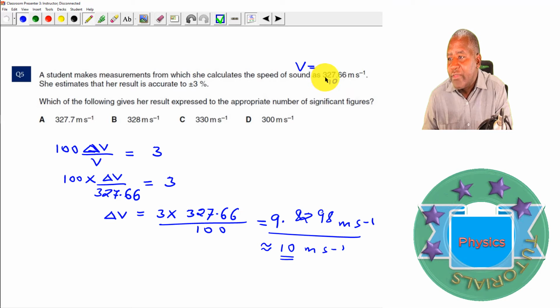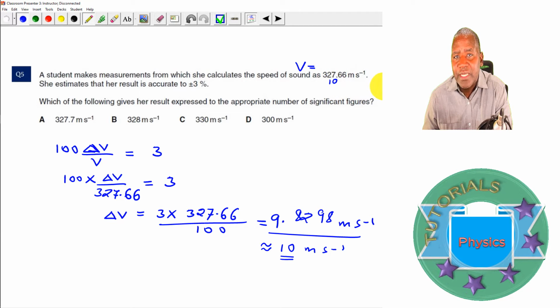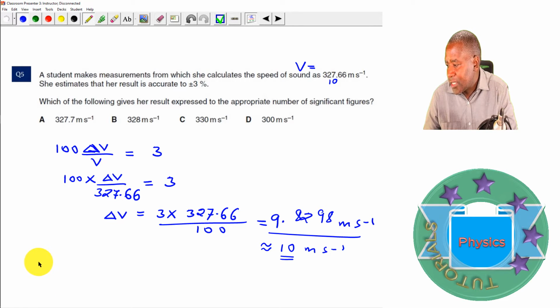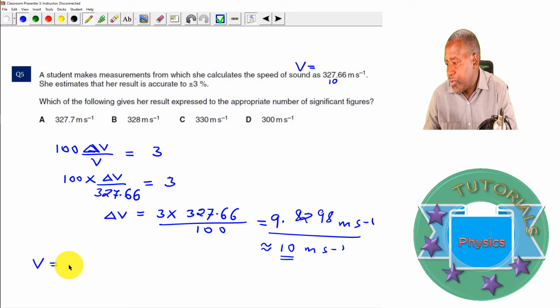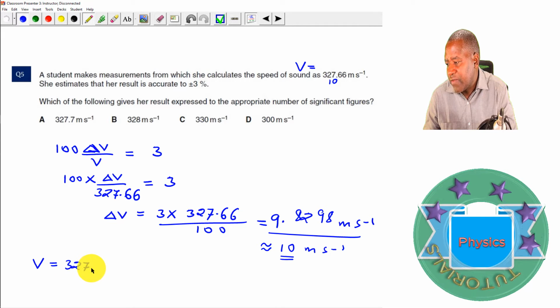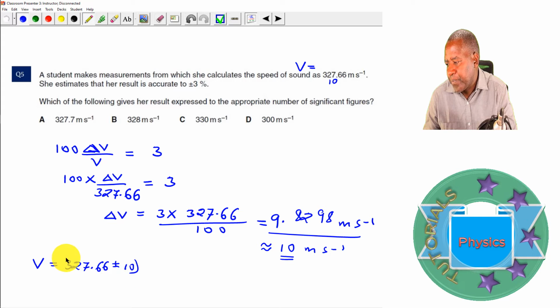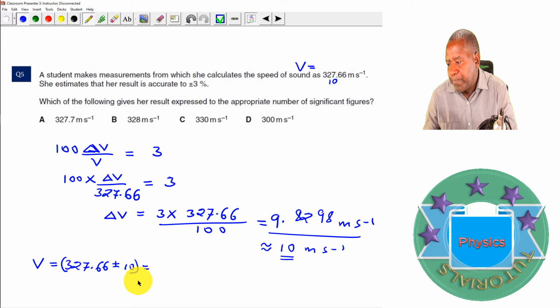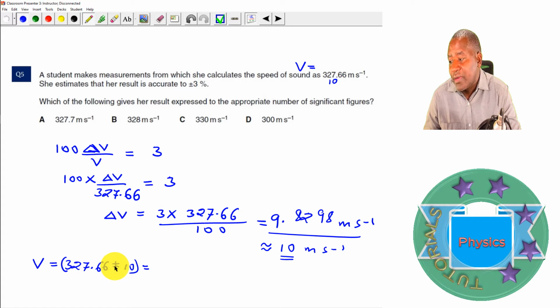So it will be like 327.66 plus or minus 10 meters per second. Let me write that one down because we need to discuss and agree on a few things here. 327.66 plus or minus 10. So this will be, since this value affects these 2 digits here, these are not worth writing down.